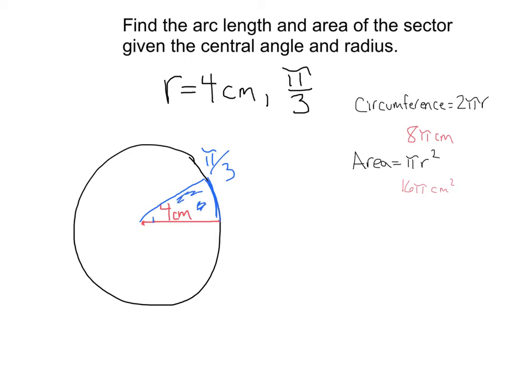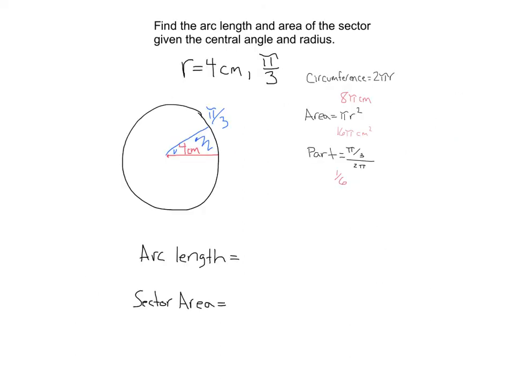So remember, to find what part of the circle we have, we're going to set up our angle pi over 3 all over the whole circle, since we're in radians, which is 2 pi. And this is going to give us a part of the circle of 1/6. Okay, so we found the circumference of the whole circle, 8 pi. We found the area of the whole circle, 16 pi. And we found what part of the circle we're dealing with, which is 1/6.